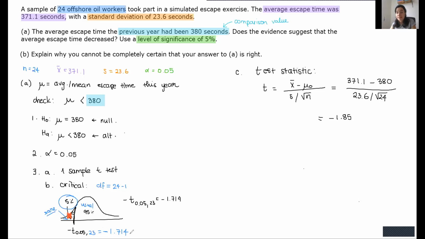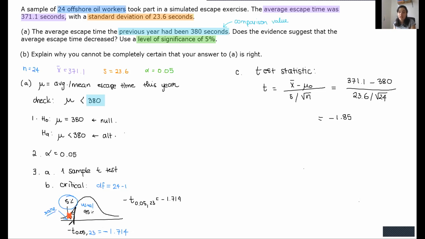Ah, yes. So that means that if I have a value that is smaller than that, that is a value that is rare, it's extreme, because it is very unlikely that if my actual mean for this year is 380, then from a sample of 24 workers, I get a sample average of 371.1.